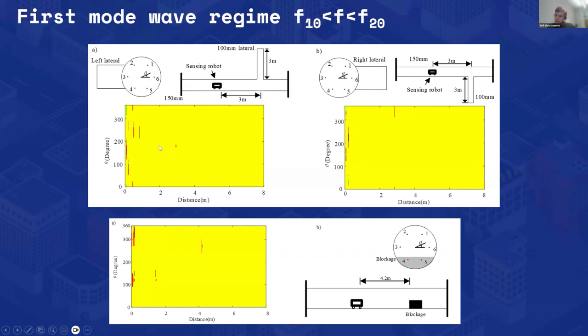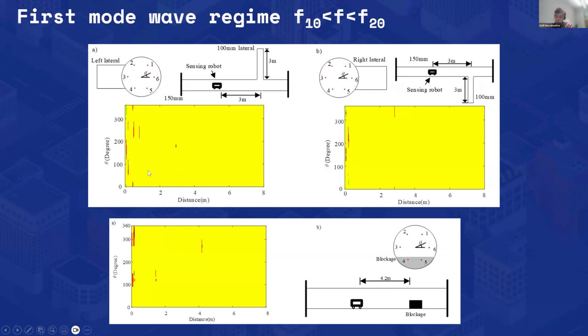By using the combination of different microphones in the 6 microphone array, we can tell where the artifact is in terms of the distance and where it is in terms of the angular position in the circumference of the pipe. Those red lines correspond to different degrees at which the lateral connection connects to the pipe.